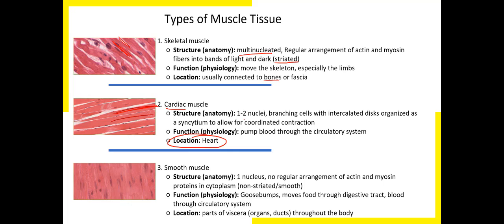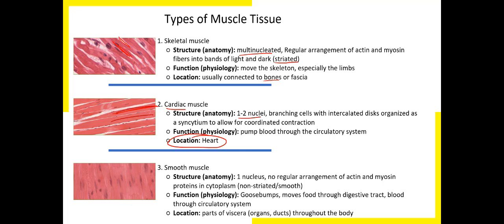Each cardiac muscle cell contains 1 to 2 nuclei, and they've got branching cells with intercalated discs organized as a syncytium to allow for coordinated contraction. We're going to talk about that briefly in the next slide. And the function of the heart is to pump blood through the blood vessels so that it can reach all the tissues in our body.